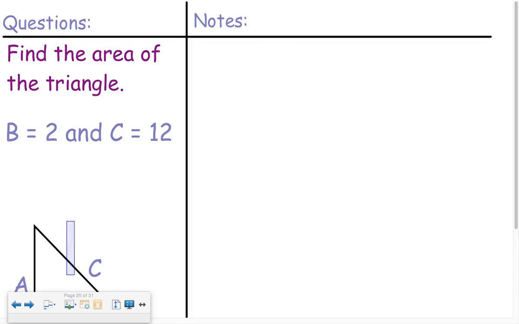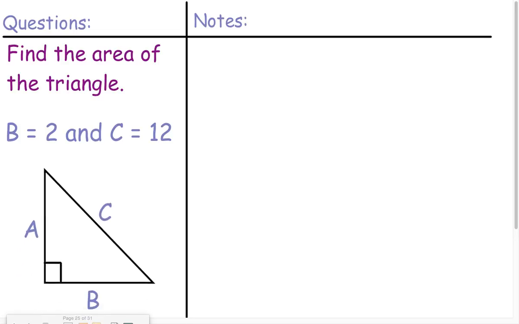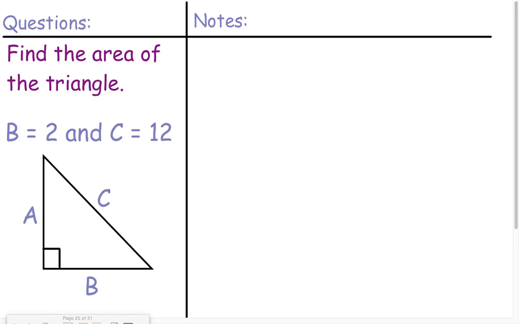Find the area of the triangle. So our triangle looks the same here, except we have different side lengths that were given. So B is 2, C is 12, and I need to find the area.